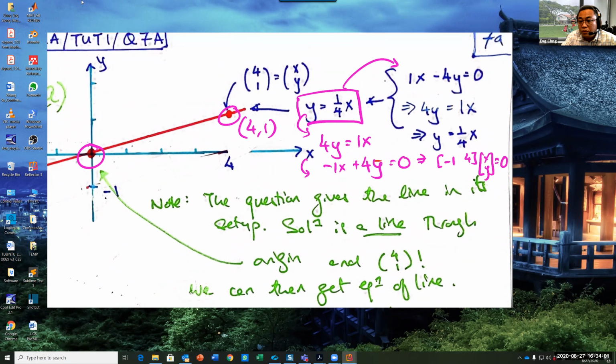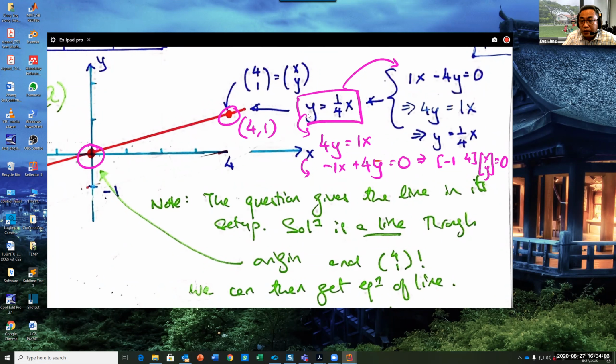So we went from an equation to the vector or the matrix vector representation, minus 1, 4 for xy. So in fact, when you look at this carefully, it is nothing but minus x plus 4y equals 0.